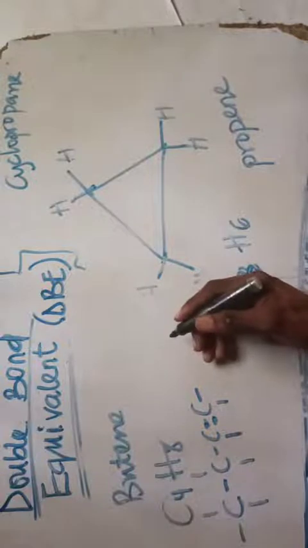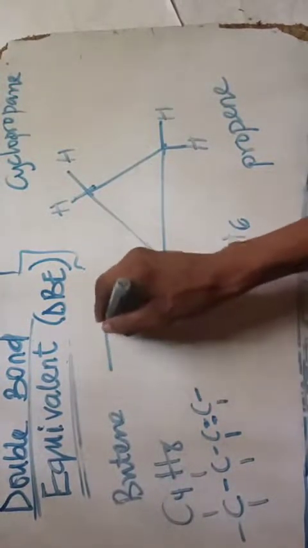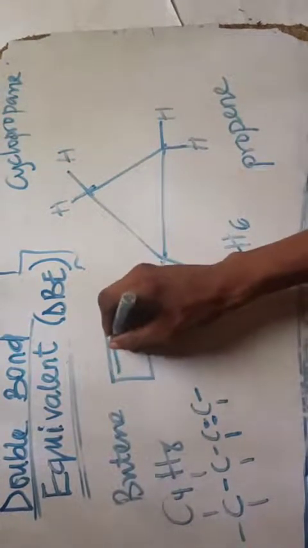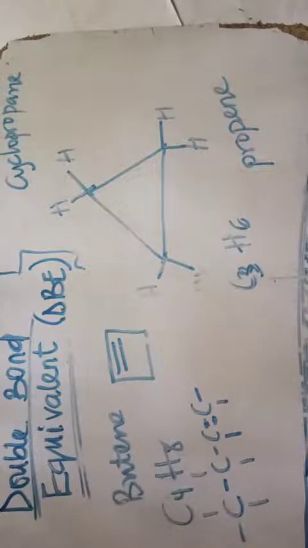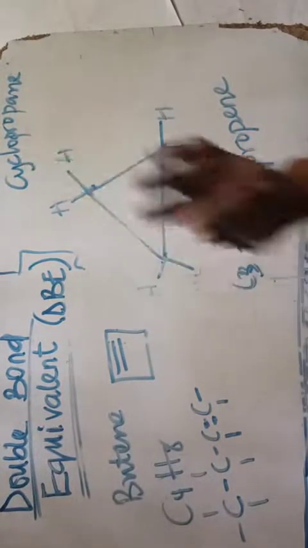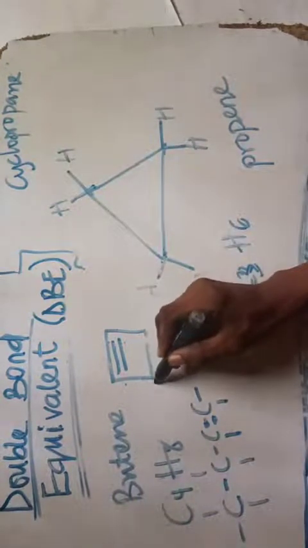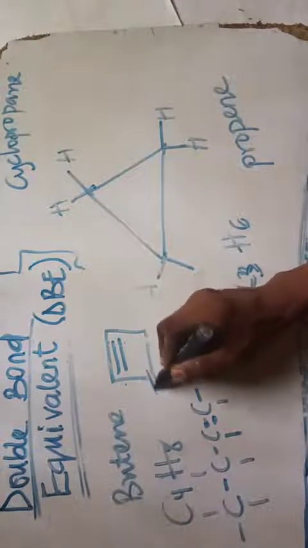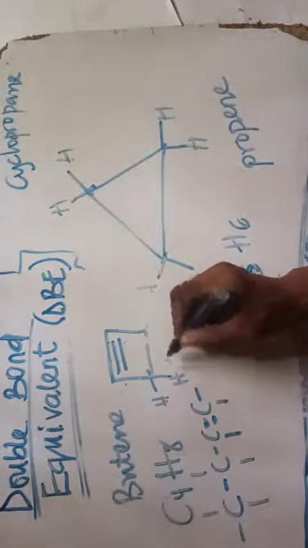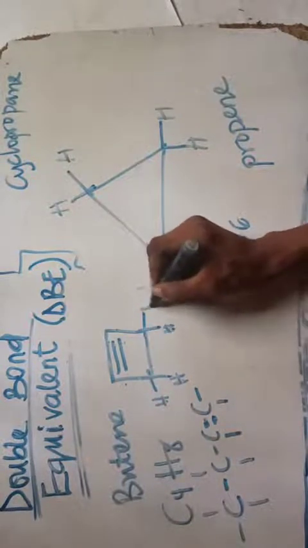Now let's consider cyclobutane. So butane, that is 1. You have to put it in a rectangle form. Butane, it will be single bond. So here in these bonds, how many hydrogen present there? 1, 2, 3, 4. This is complete. 1, 2, 3, 4. This is complete. 1, 2, 3, 4. 2 hydrogen here.